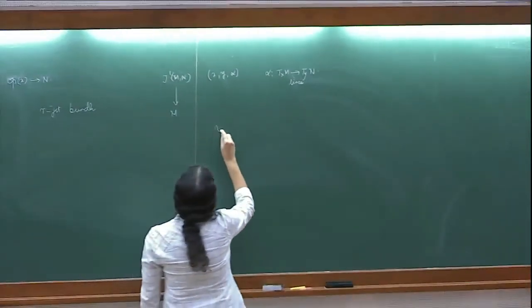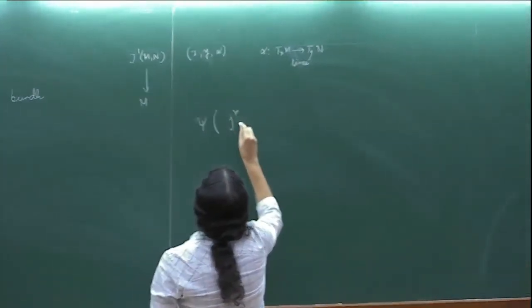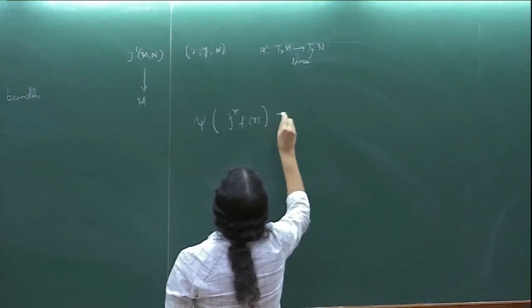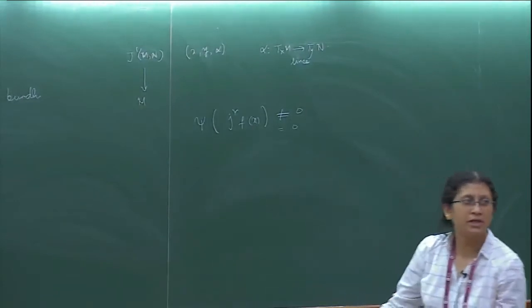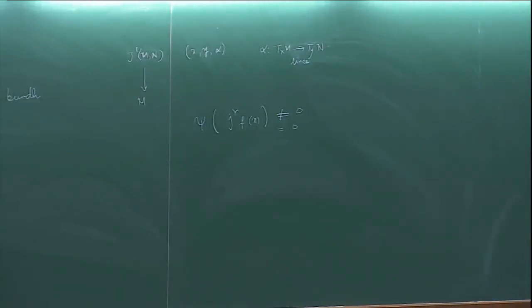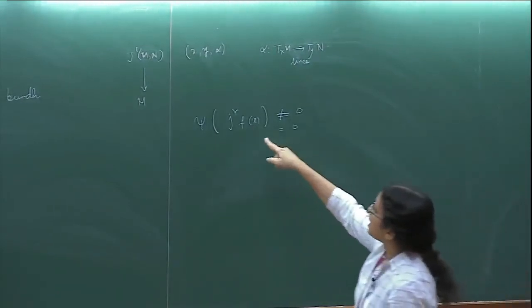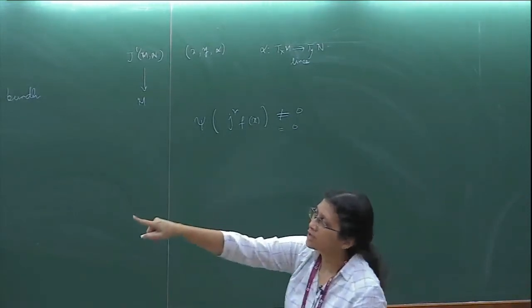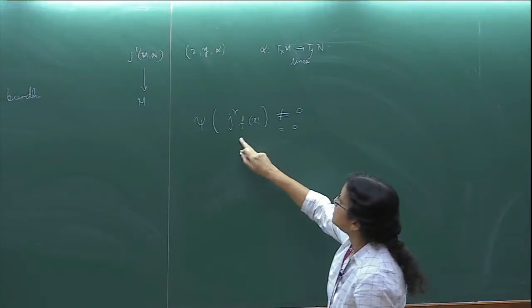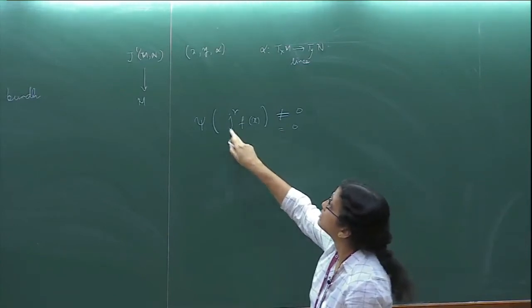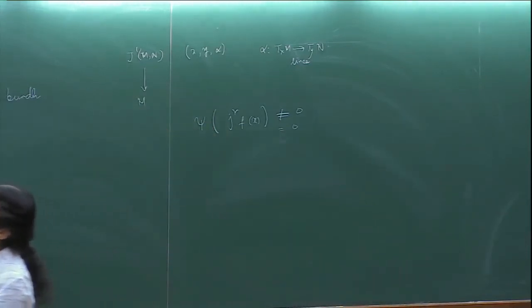So I write it this way: psi of j^r f(x) is either not equal to 0 or equal to 0, whatever. So some relation involving the r-jet, right? I'm just plugging in my new notation for that tuple. Now, where does this sit? This is sitting inside the total space of the jet bundle.